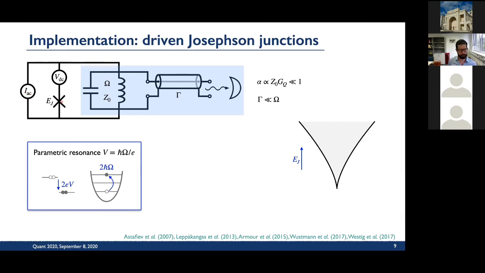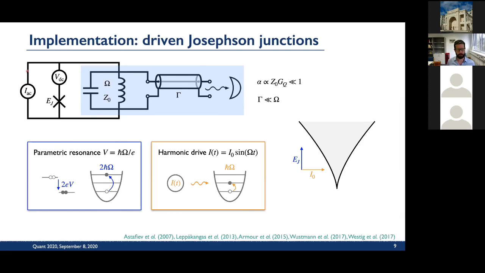Without this drive, it's just a setup of a parametric resonance, if you make sure that the voltage is such that you get double the excitations in the resonator. So 2 times the frequency of the resonator corresponds to the voltage. But then you additionally apply a coherent drive, which is the second axis for this cusp catastrophe, and that excites a signal excitation on resonance with the oscillator.